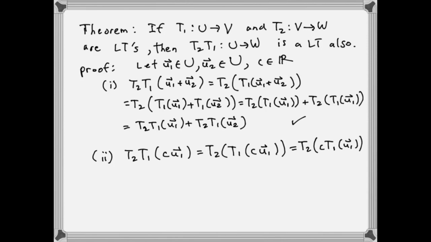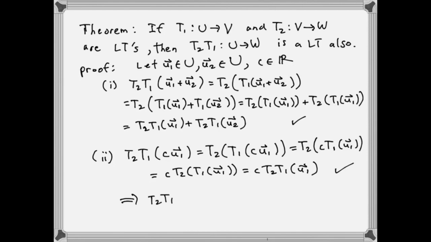But now, because T2 is a linear transformation, C can pull out of the second linear transformation. But this is the same as C times T2, T1 of U1. In other words, we're done. This shows that T2, T1 is a linear transformation. Okay? So that is our proof.